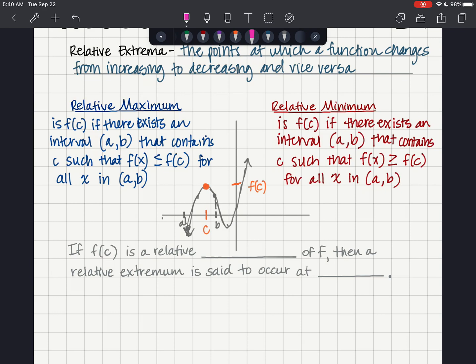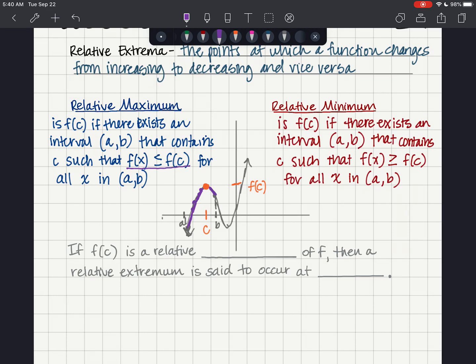So let me color code this for you in purple. So these, in purple, are all the parts of my graph. Those are all my outputs between A and B, and they all happen to be less than or equal to f of c.